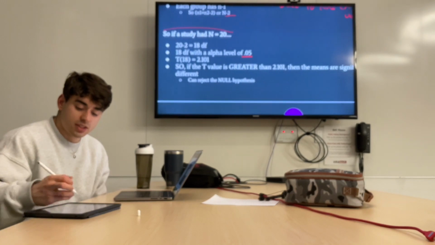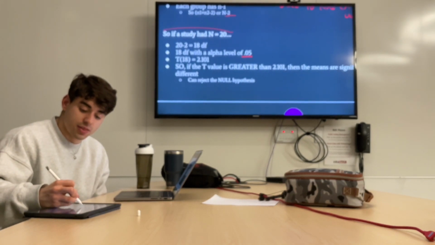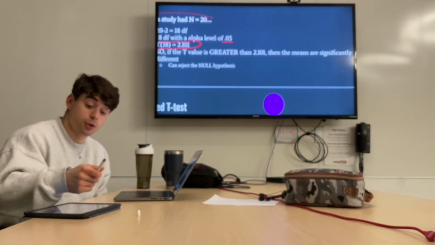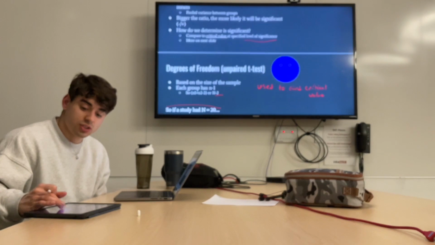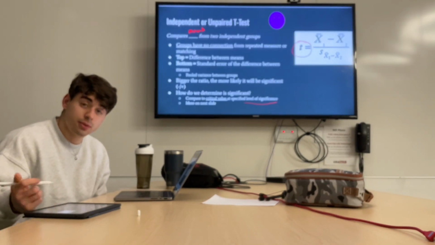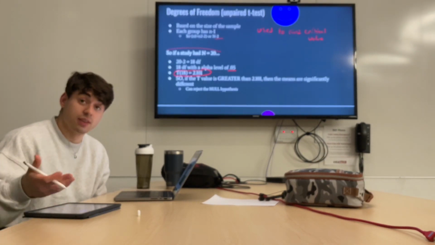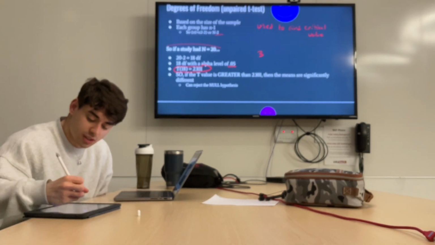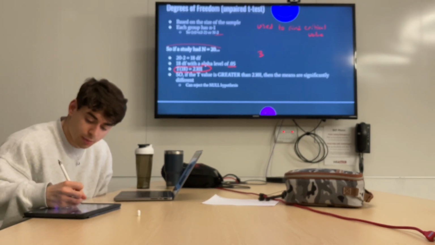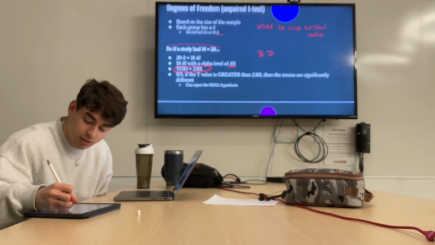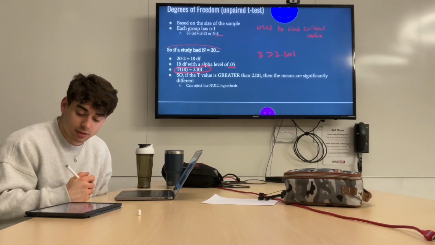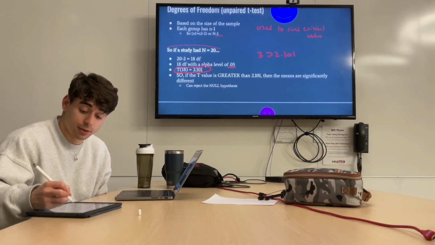Basically, we use this to find the critical value, and we use that critical value to see if the t value is significant. If the t value is 3, and we compare it to this critical value of 2.101, that's greater than the critical value.